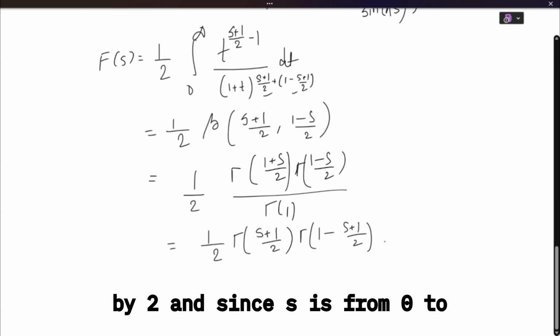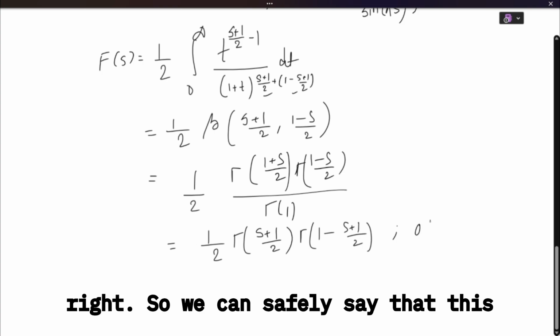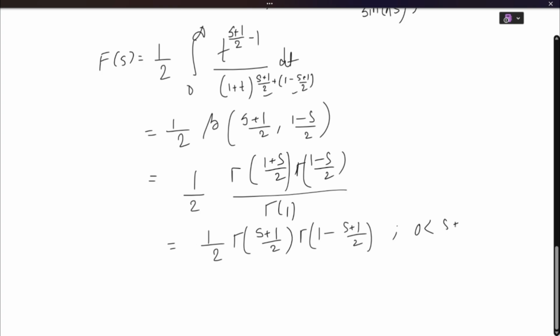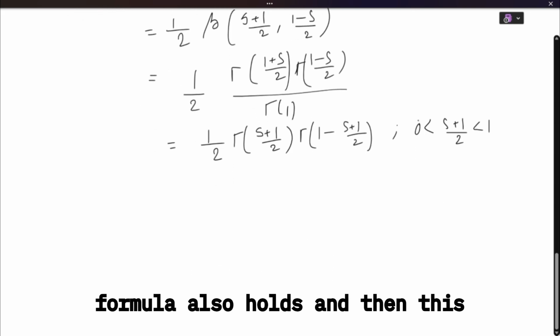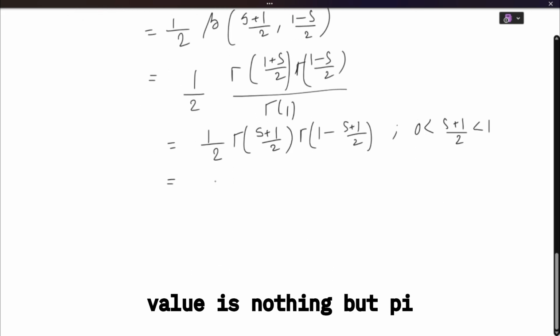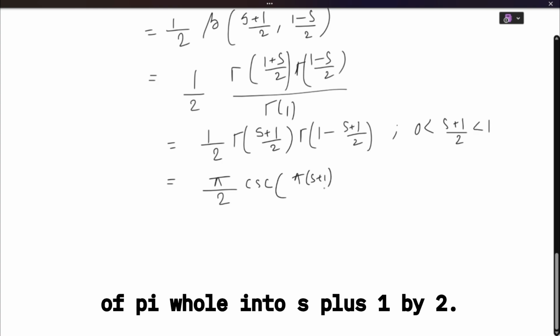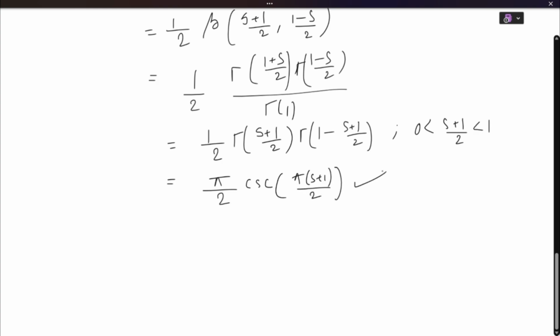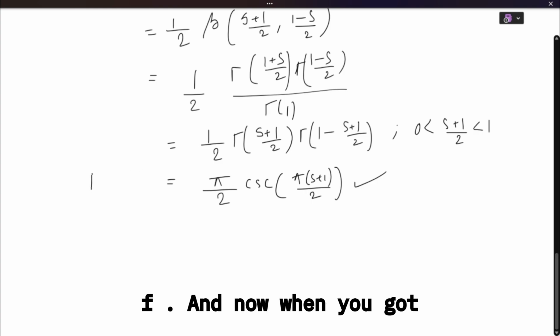Since s is from 0 to 1, (s plus 1)/2 is also from 0 to 1, so we can safely say this holds, and Euler's reflection formula also holds. Then this value is nothing but pi by 2 cosec of pi times (s plus 1)/2. So that is the value of f of s.